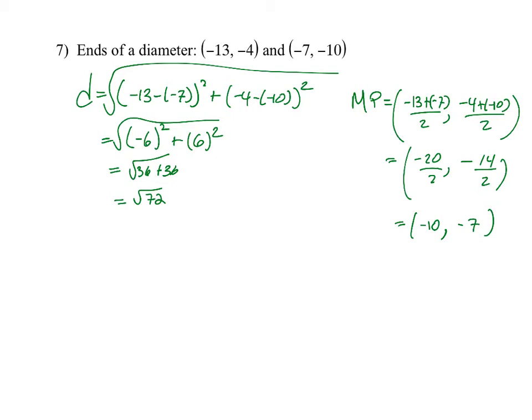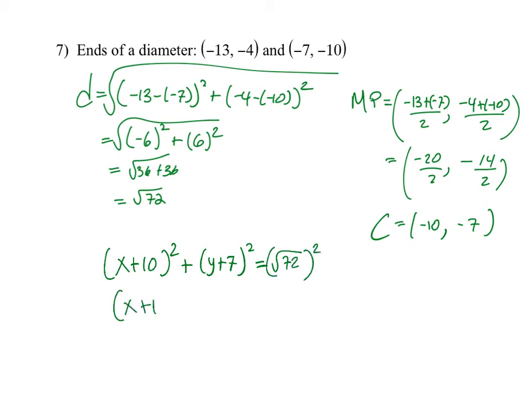This midpoint right here is my center of the circle. So my equation is x plus 10 squared plus y plus 7 squared equals the square root of 72 squared. And this is why I didn't simplify it, because now I can cancel that. At the end, it's going to be 72.